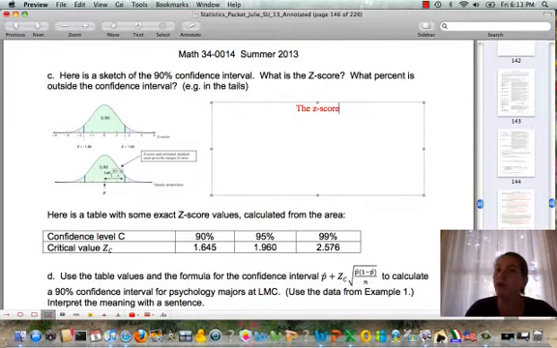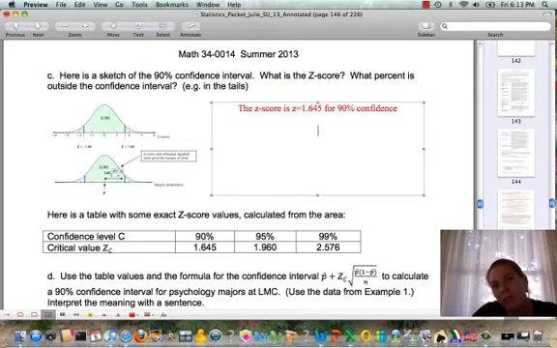So depending on how you round, you might get slightly different results. Just make sure you keep it no less than 2 decimal places, and 3 or 4 decimal places is usually best. Okay, so we can say the z-score is 1.645 for 90% confidence.